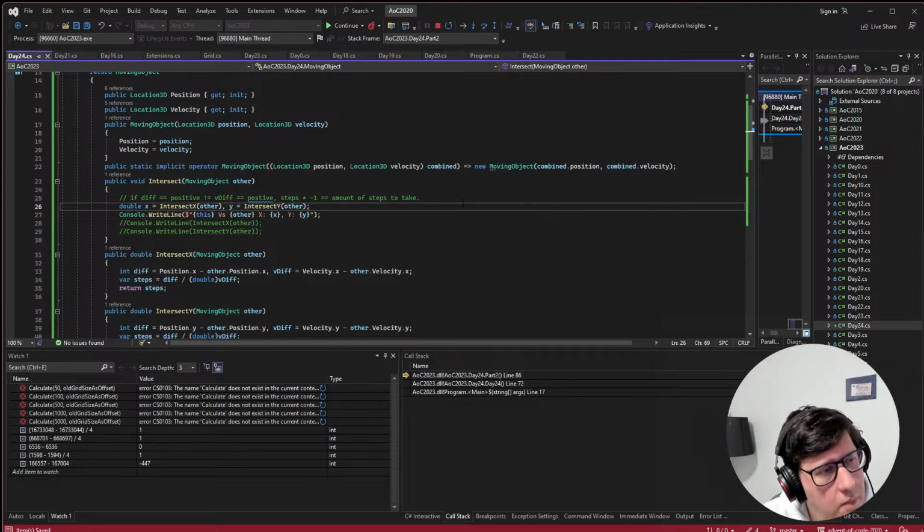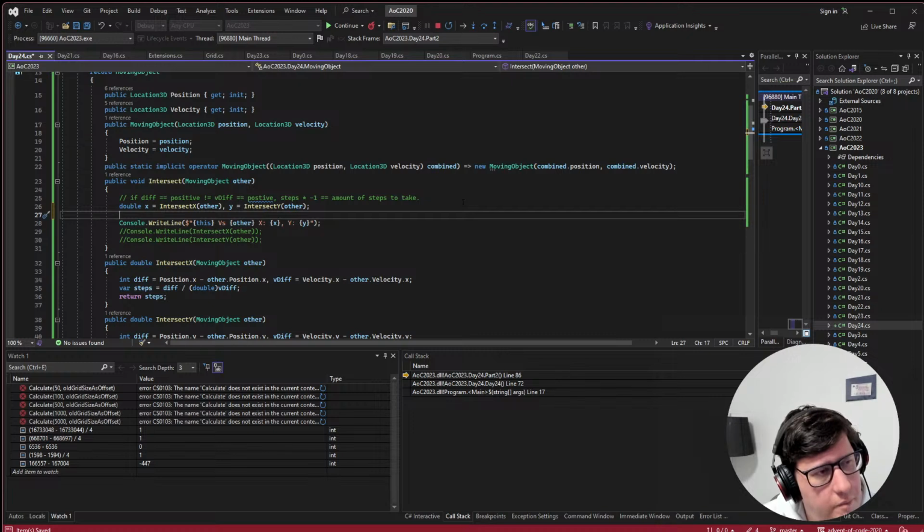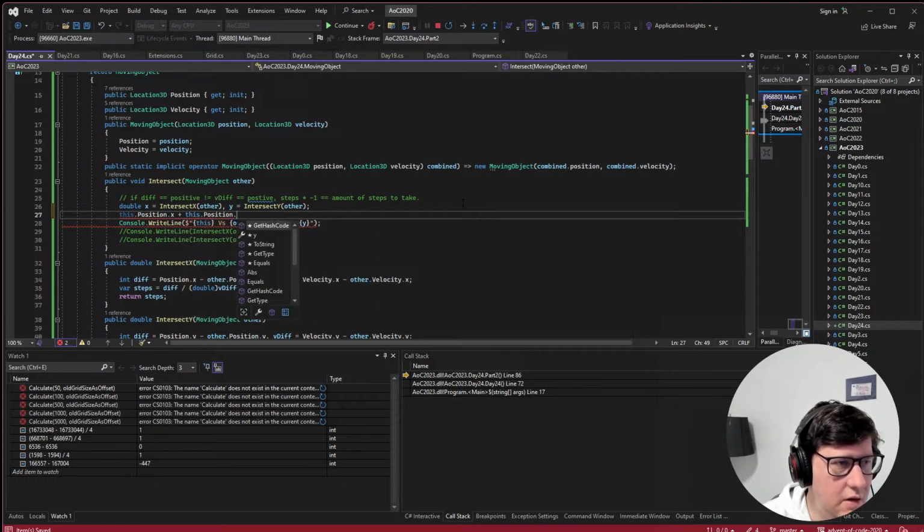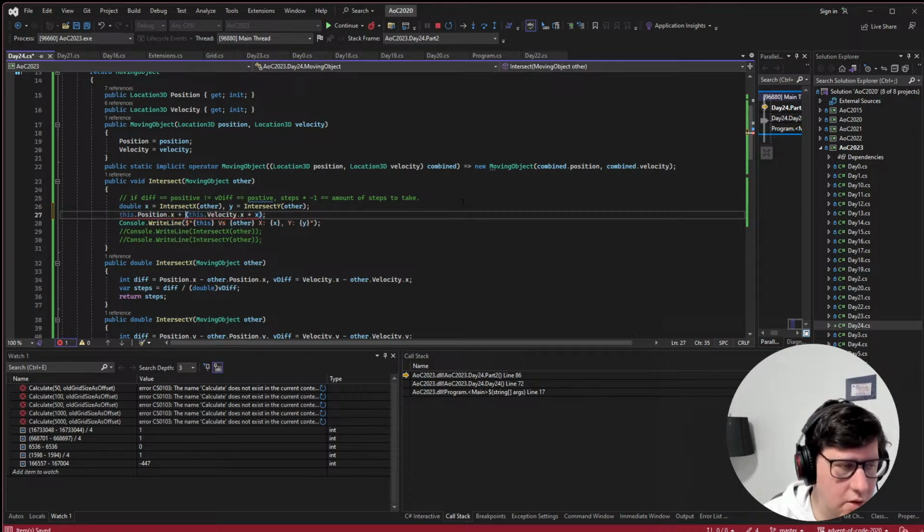Okay, now I need to do, let me see, this dot position dot x plus this dot position, no, this dot velocity dot x times x. And I need to round, let's do math.seal and then cast this back to int here.